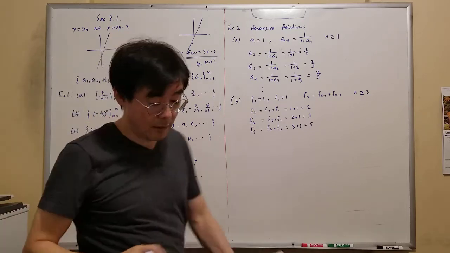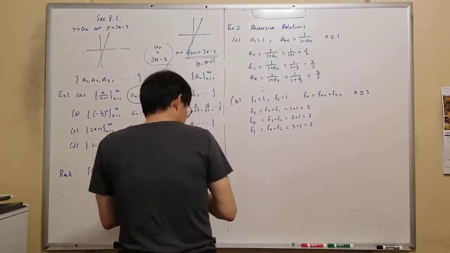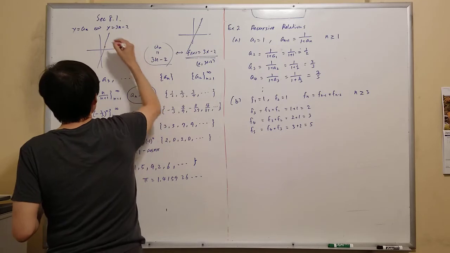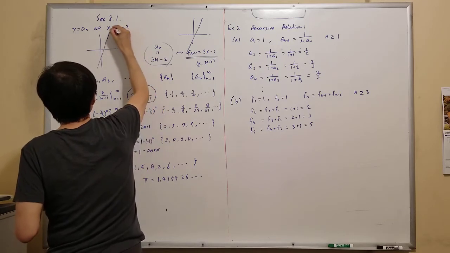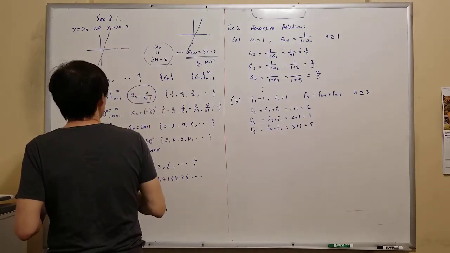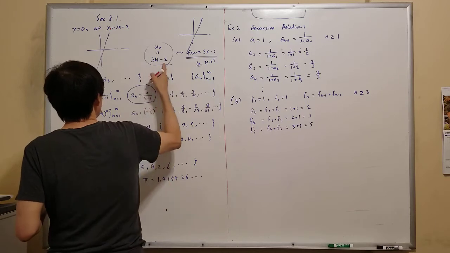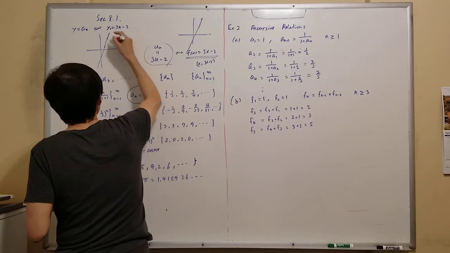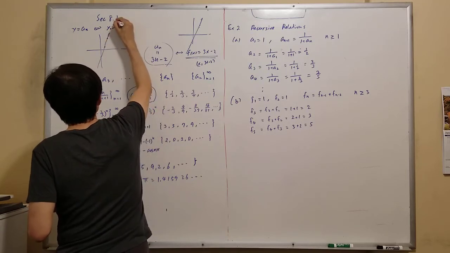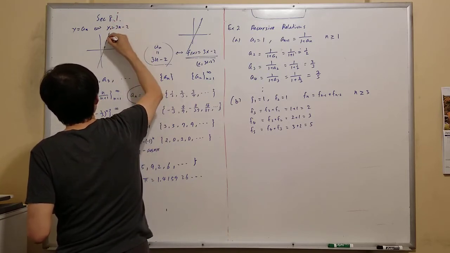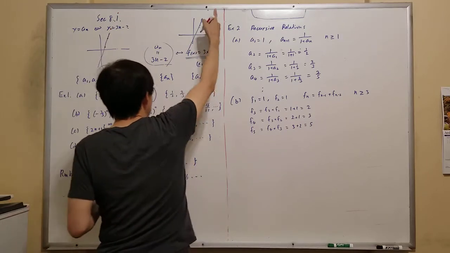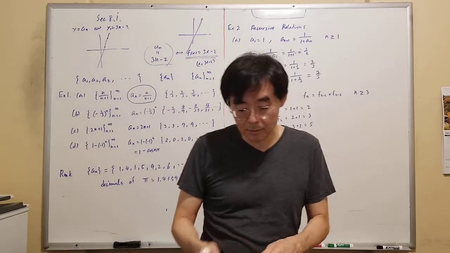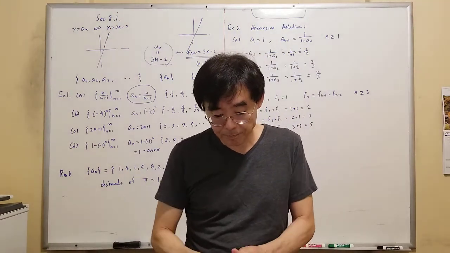So it'll be only integer dots: 1, 4, 7. These are dotted discrete points on this line. Okay? The graph of a sequence.